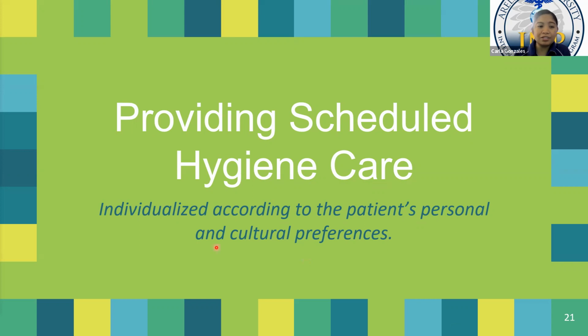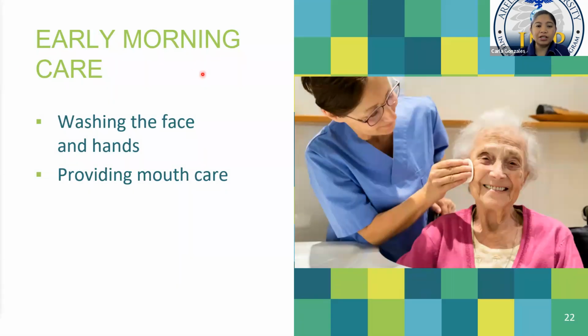When we say scheduled care, we have morning, afternoon, and PM care. One example is early morning care. Part of the early morning care is washing the hands and the face upon waking up of the patient.